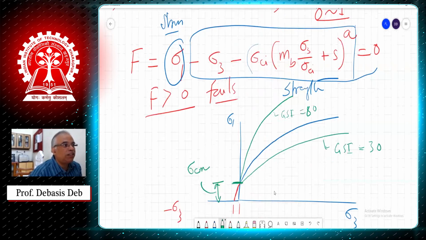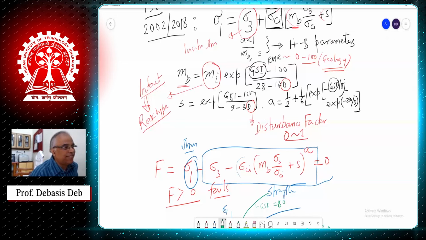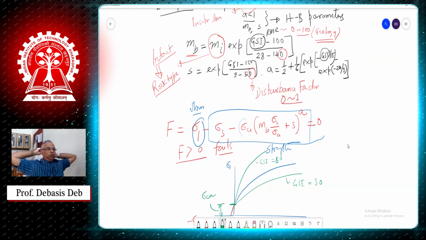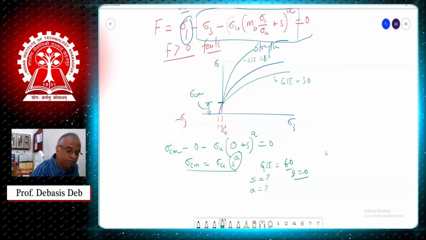Should I give you the formula? This is the S, for D equals 0. So GSI is 60, minus 100, divided by 9, and you take the exponential of that. Does anybody have a calculator with you? You put GSI is 60. Here S will be equal to exponential of minus 40 by 9.